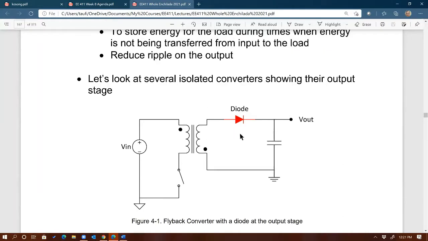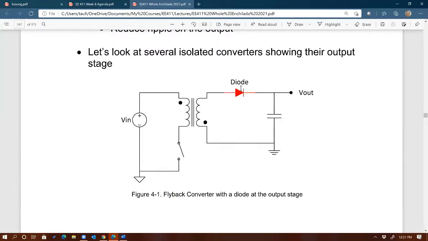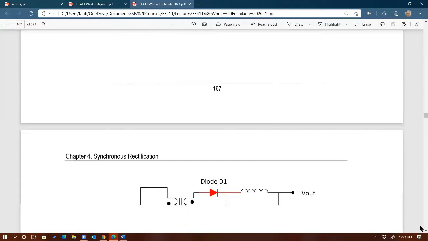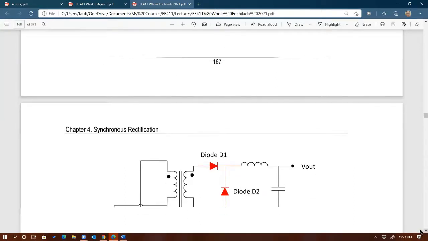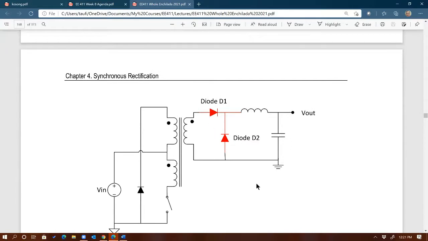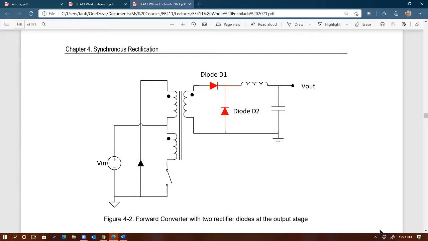Here's an example of a flyback converter. There's a diode right there, and this diode functions to rectify the input pulse into the output. Then we have another rectifier diode from a forward converter.